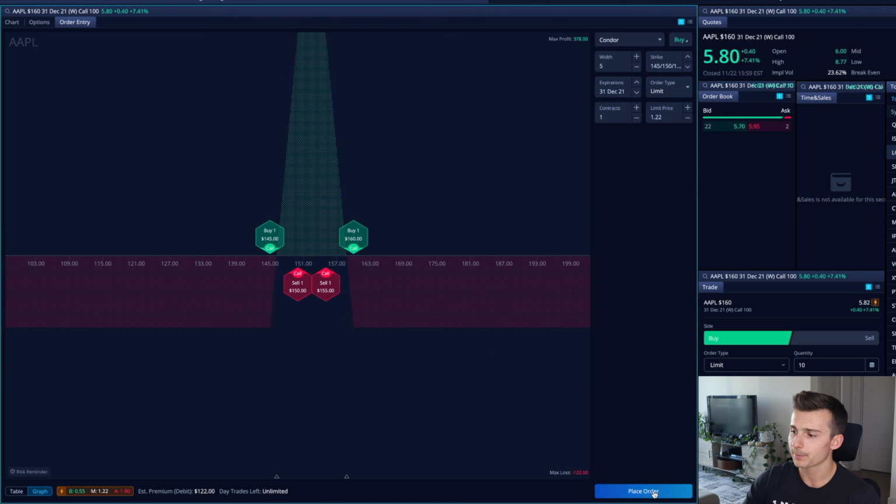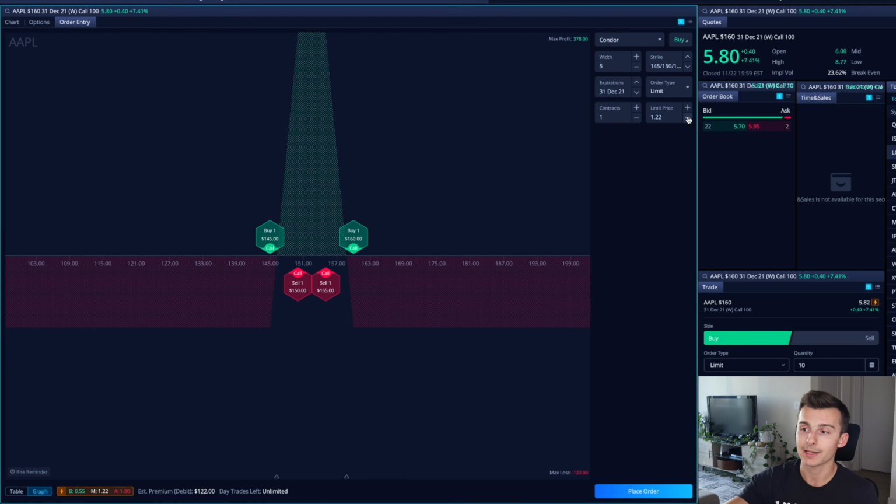Right under me, there's a place order button on the bottom of this little spot. That's where you go ahead and place your order. What you're going to want to do though is adjust the limit price so that you can get filled. You may want to start by taking this down a couple notches, and then going into your order entry if it didn't fill yet, and then going back and upping that a couple notches. Why?